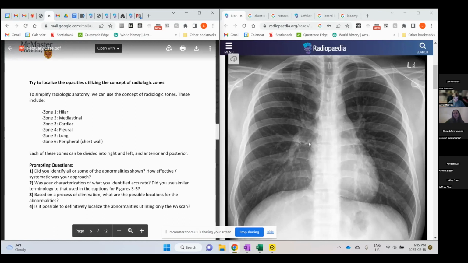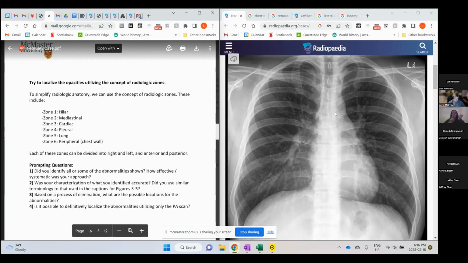So if there was a perihilar opacity, it's probably lymph nodes, or it could be pulmonary, but immediately in the hila, in the most medial aspect of the lung. But I wouldn't really expect lymph nodes up here, you know what I mean? And then in the mediastinum, there's also a differential diagnosis of masses.